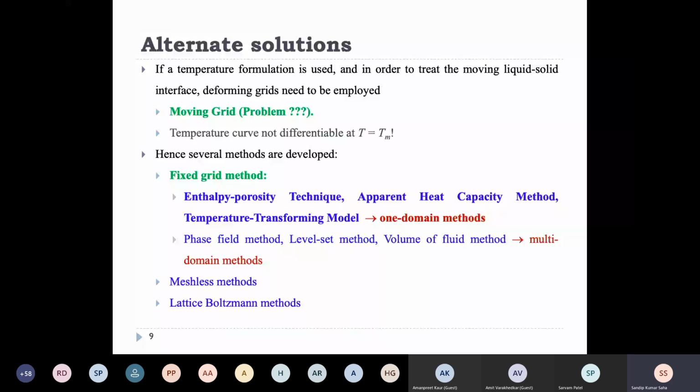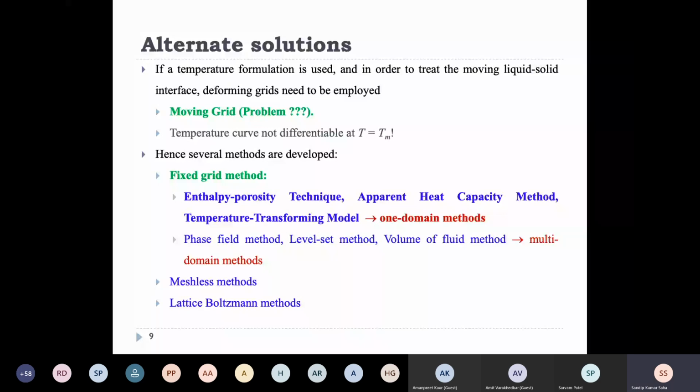Apart from these methods, there are many more, such as meshless methods and the lattice-Boltzmann method, which I will cover briefly to give you a highlight of how these methods work. Normally we don't employ the volume of fluid method in this type of phase change.